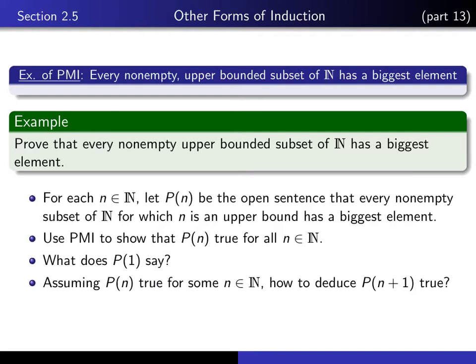But if n isn't already an upper bound for that set, but n+1 is, then that must mean that n+1 is in the set, and therefore n+1 would be the biggest element. So that's the idea of the proof. I think we're now ready to do the proof formally, but since I've given you the main ideas, why don't you try to write down the proof yourself, and we'll compare our answers when you come back.